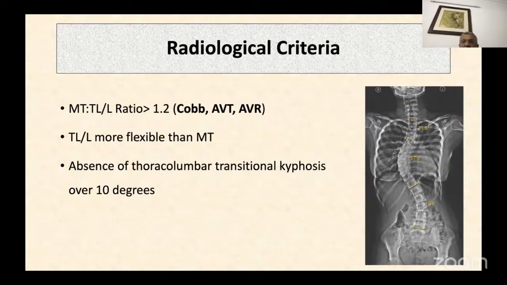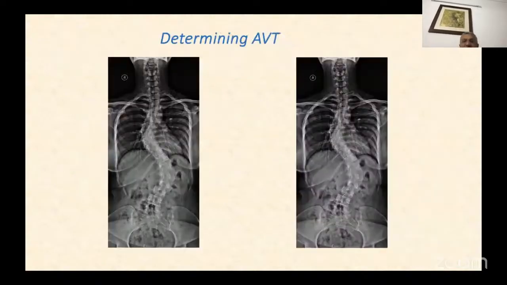What does it all imply? That the thoracolumbar curve is more flexible than the main thoracic curve. And you should always look at the lateral X-ray, that there is no kyphosis of the thoracolumbar junction of greater than 10 degrees. This is how you determine the apical vertebral translation. You draw a vertical line from C7 and measure the distance from that point to the apical vertebra.